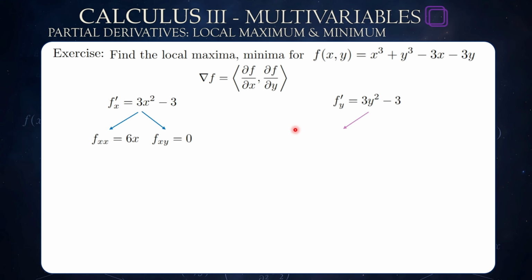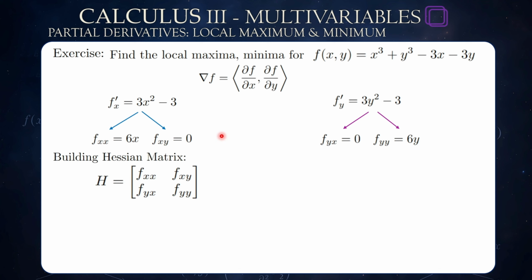Then fyx is equal to 0, fyy is equal to 6y. Building the Hessian matrix, H equals fxx, fxy, fyx, fyy. So you place the first set in the first row and the second set in the second row: 6x, 0, 0, 6y, which gives us a determinant of 36xy.